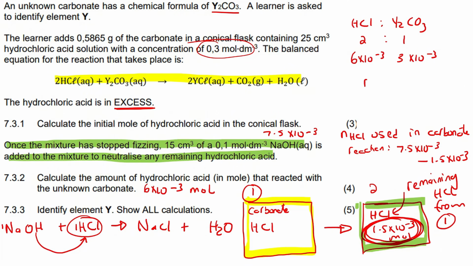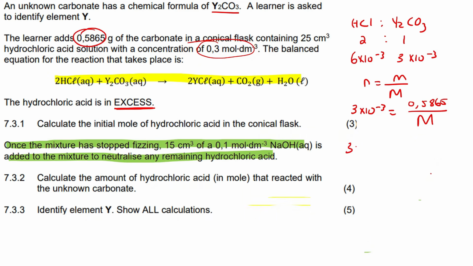And now we can use n equals m over M. So we have the moles, the mass they gave us, 0.5865, and then the molar mass from the periodic table we can just leave as M for now. If we multiply the M over to the other side, we end up with the molar mass of 195.5 grams.